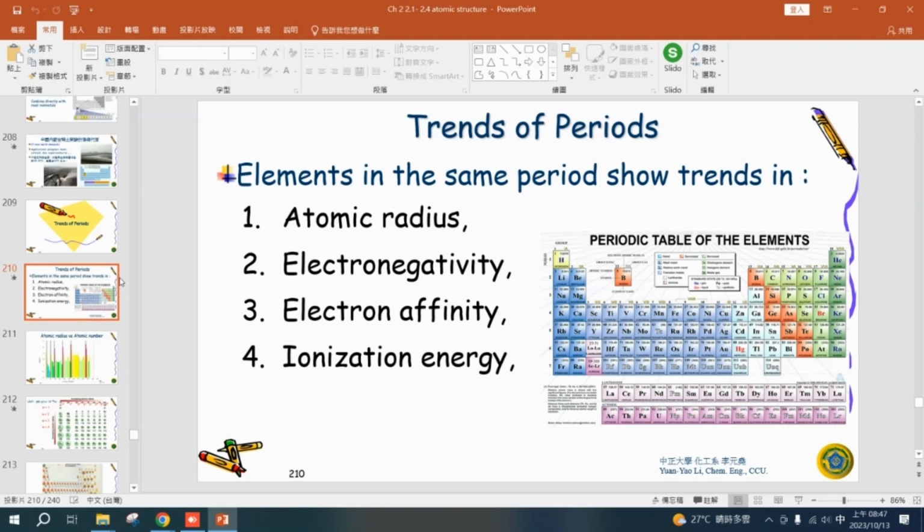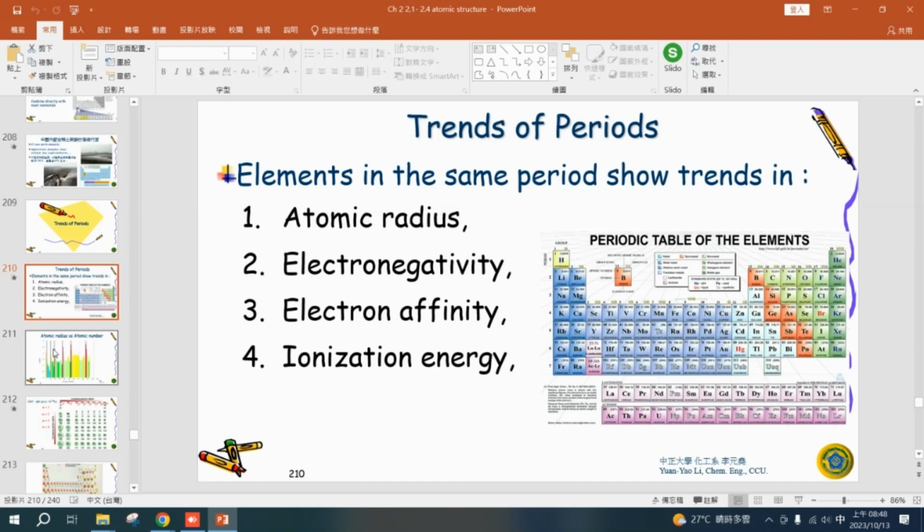They are atomic radius, electronegativity, electron affinity, and ionization energy. These four traits are important because if you have a periodic table in your hand, this is the information you can basically get from it.